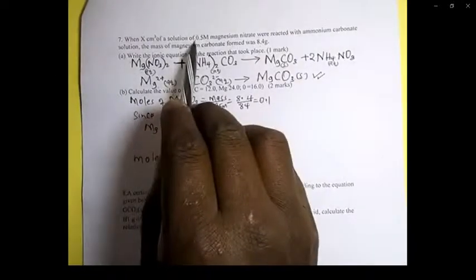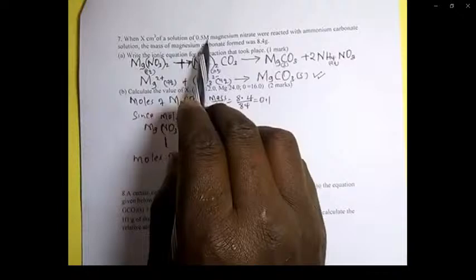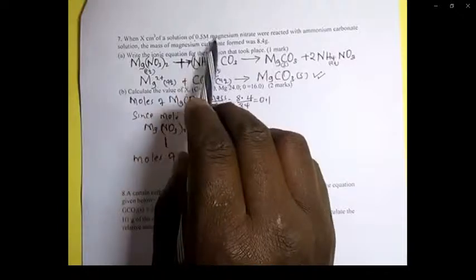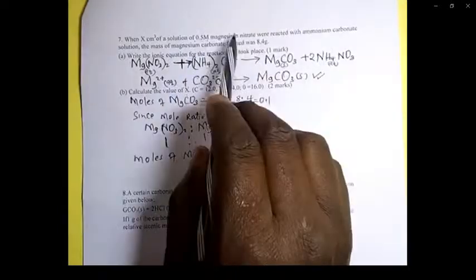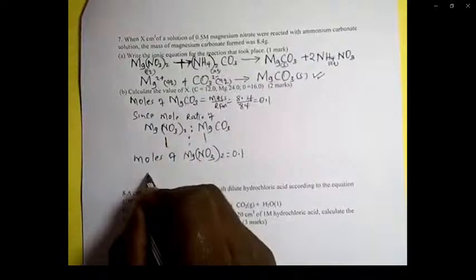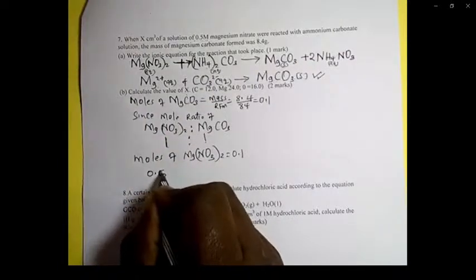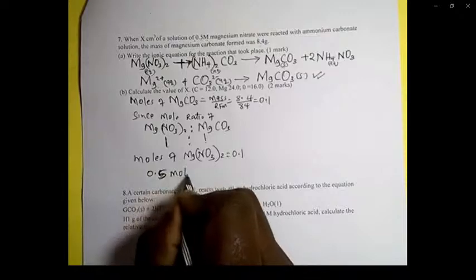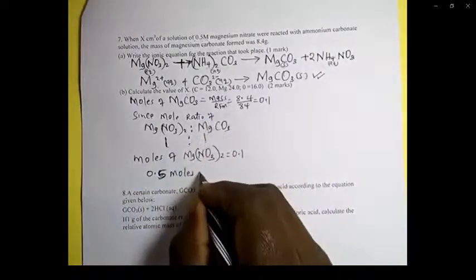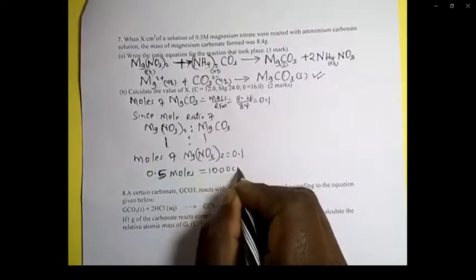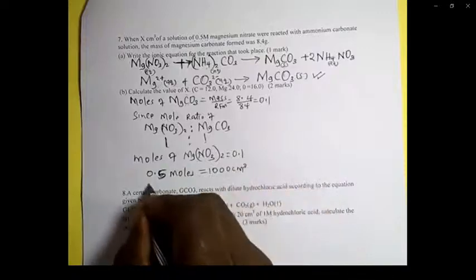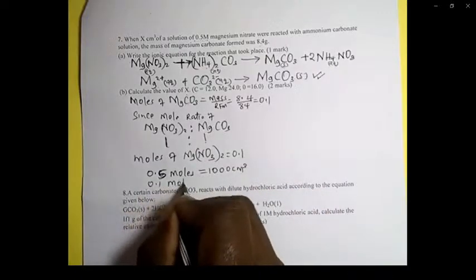But we know that 0.5 moles is the number of moles of magnesium nitrate in 1 liter, 1,000 centimeters cube. So we begin there. 0.5 is the number of moles of magnesium nitrate in 1 liter, 1,000 centimeters cube. We ask, 0.1 moles of the same will give us how many?